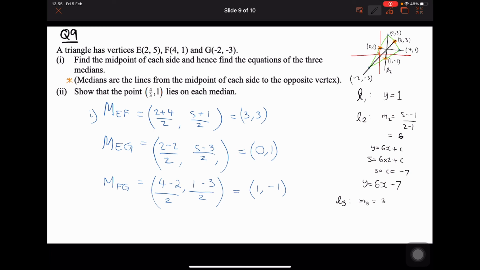So 3 take away -3 over 3 take away -2 equals 6 over 5.